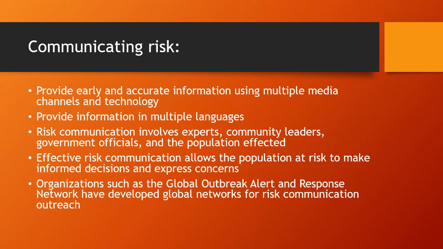Risk communication is a team effort and involves collaboration between experts, community leaders, government officials, and the population that is affected by the pandemic. Effective risk communication is important because it allows the population at risk to make informed decisions and express their concerns. Organizations such as the Global Outbreak Alert and Response Network have developed global networks for risk communication outreach.